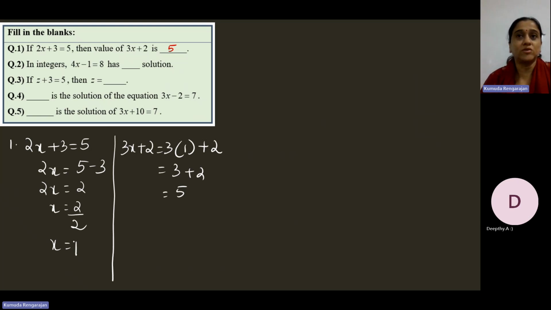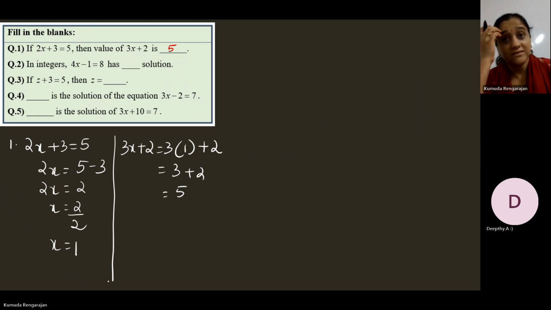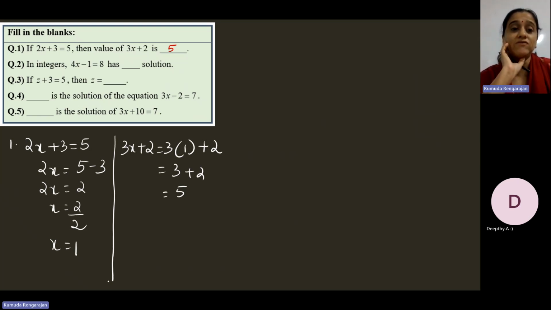Okay, it's time, children. I thought I could finish it, but it's time. So we'll continue in the next class. The question is new: if 2x plus 3 is equal to 5, then find the value of 3x plus 2.